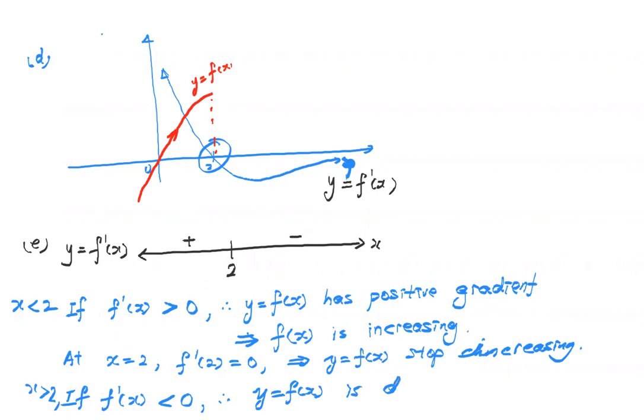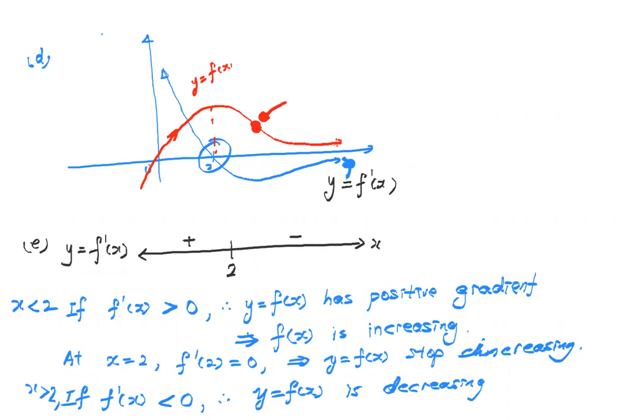Because it has a negative gradient. So you see, our f x graph is going down. Oh, sorry. So it goes up, it comes down. So there is another important point here. I will talk about it tomorrow.